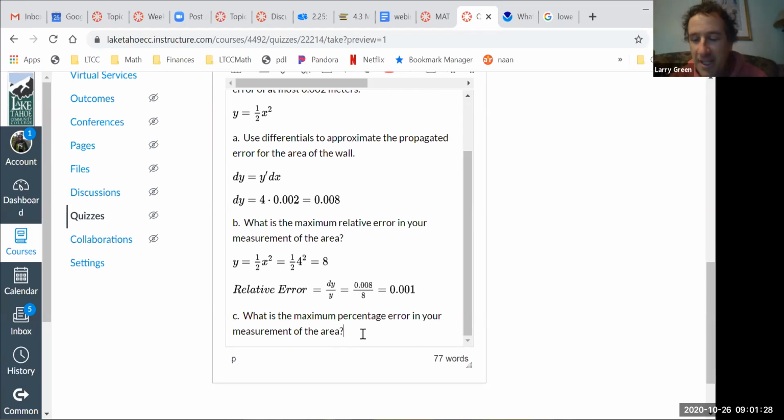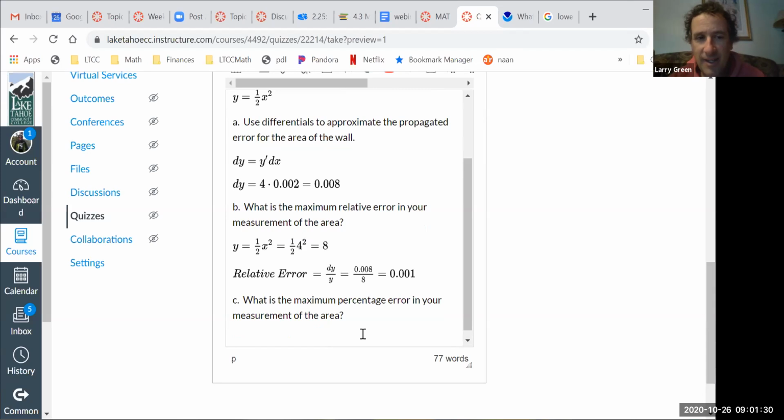Part C should be really easy if you got part B right. What do you have to do to get part C? Multiply by 100%. Hopefully you don't need a calculator for that. I tried to make this one so you really don't need any calculator. So multiply by 100% and you get 0.1.